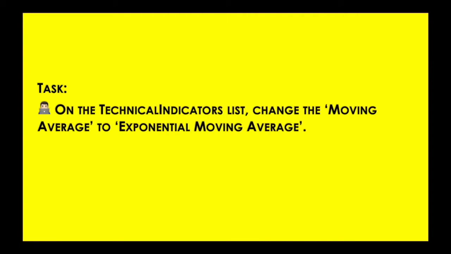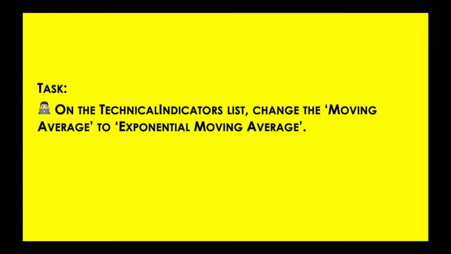So now our task for this topic is on the technical indicators list. I hope you're familiar already with this list because we are doing this every video. And if you don't know what this list is, please watch our video tutorial regarding the introduction to list first, because it is actually interconnected.